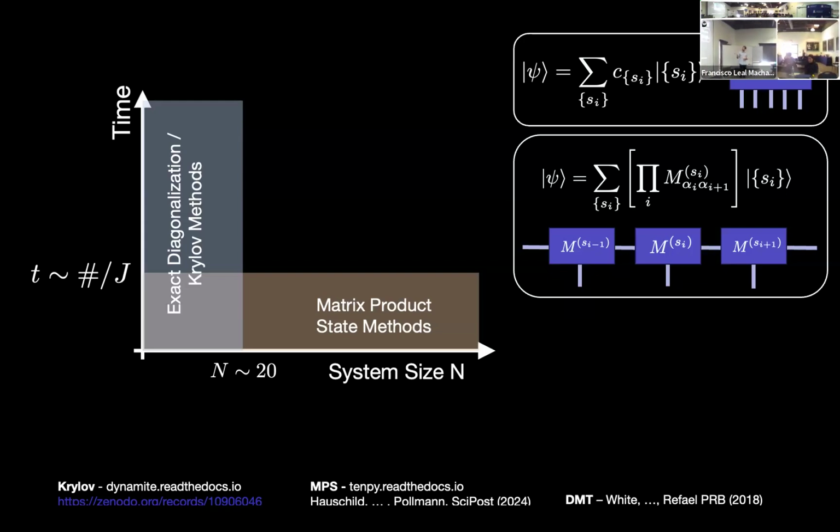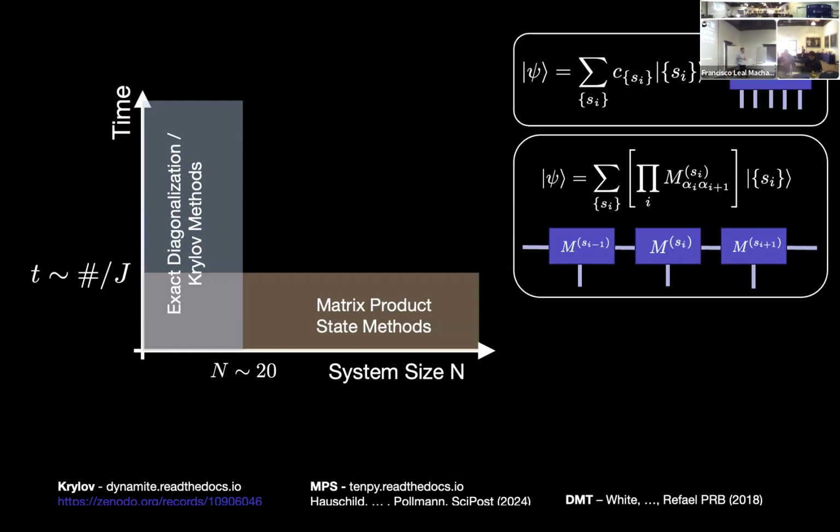A different approach, which was already mentioned by Christian, is that you can use ansatz, for example these matrix product states, where you use the structure of the wave function and define your state in terms of the product of these tensors. You now have in some sense a more efficient way of writing down the state. It has a parameter, which is this bond dimension.